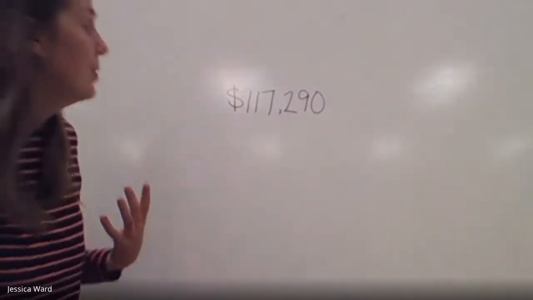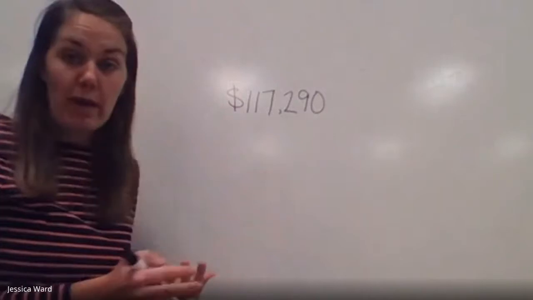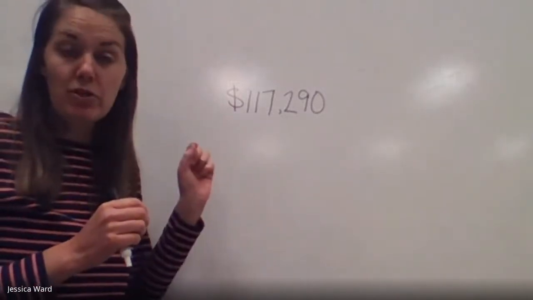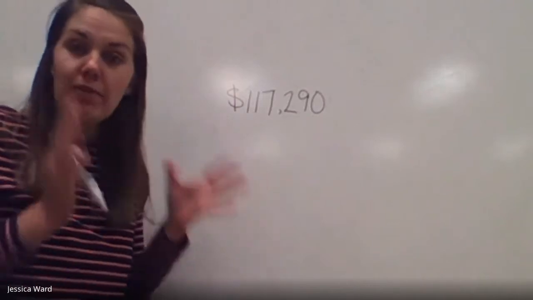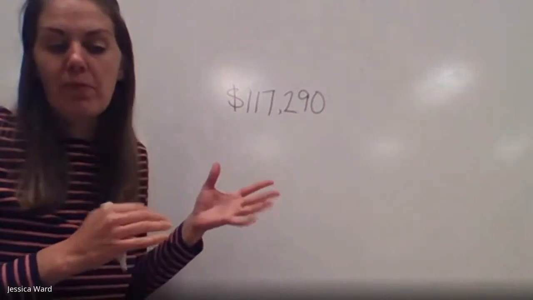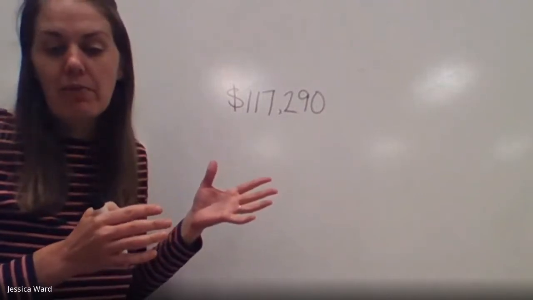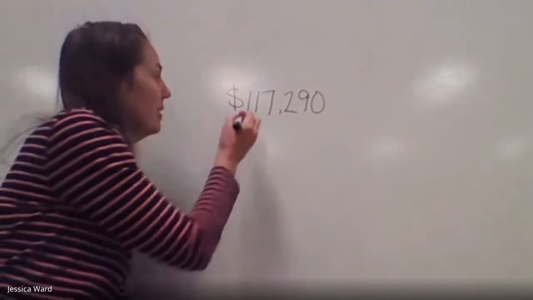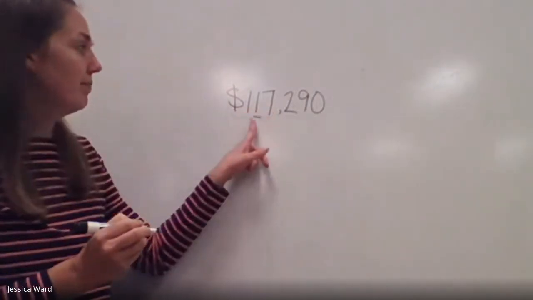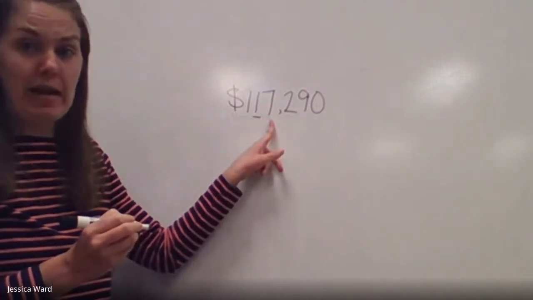So first of all, if we want to round a number, we're going to think about what place we're going to round to, and then we're going to figure out if it's halfway or more, or if it's halfway or less. So for Mia's number, if she's rounding to the nearest 10,000, I'm going to find my 10,000 place, which is right here, and I'm going to look to the number next to it.